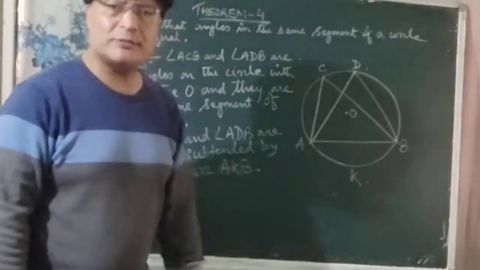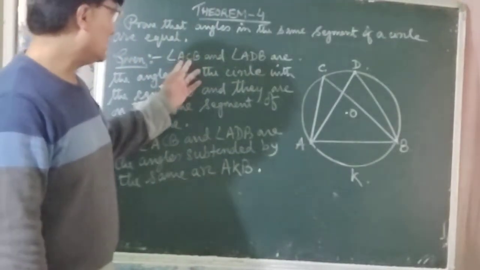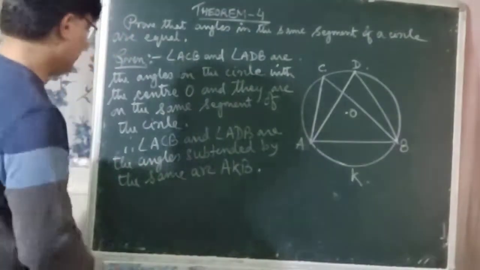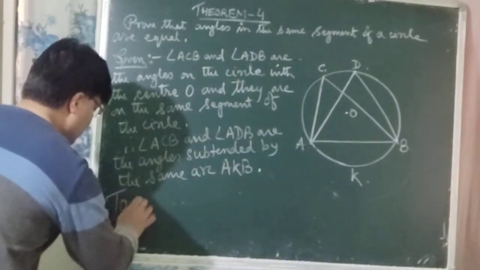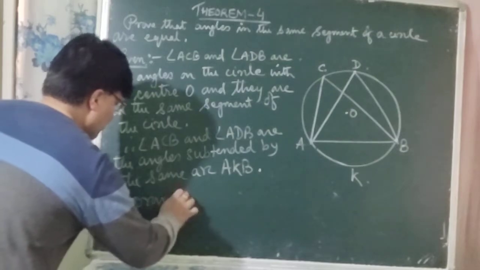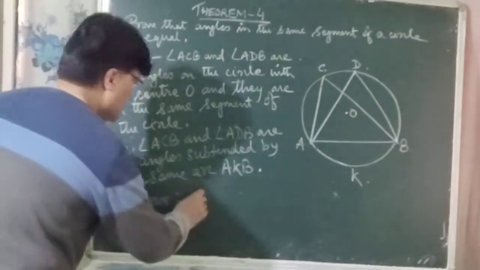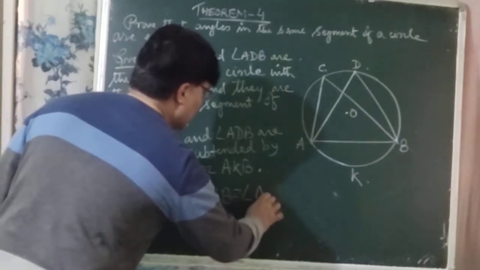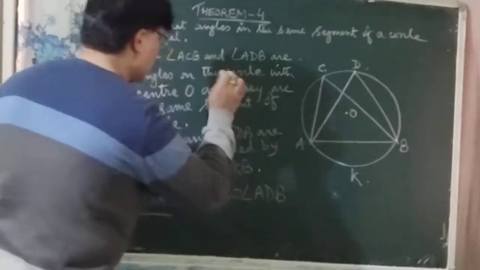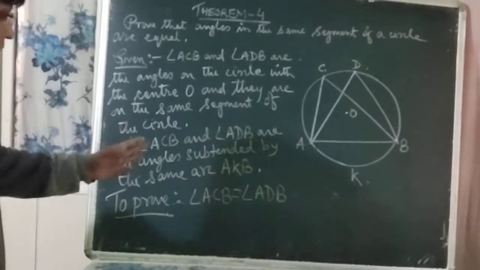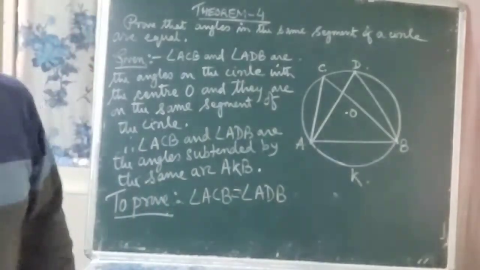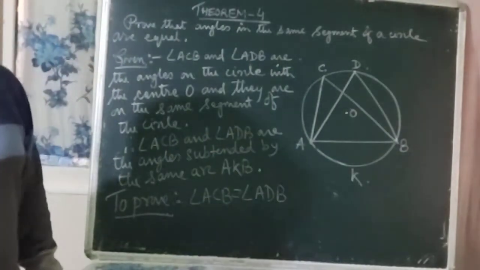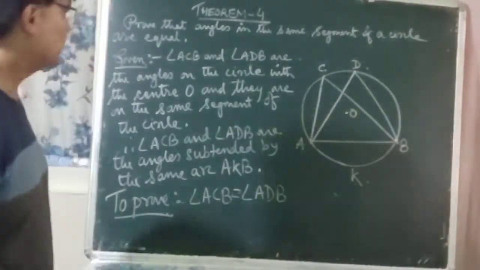Now what is to be proved? These two angles, angle ACB and angle ADB, are equal. Angle ACB is equal to angle ADB. We have to prove that these two angles are equal.